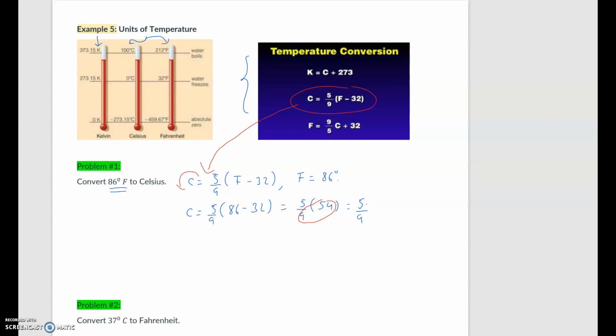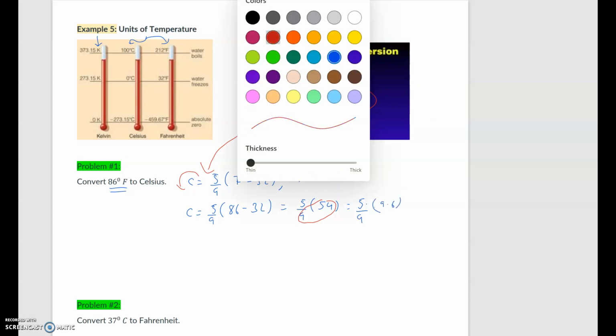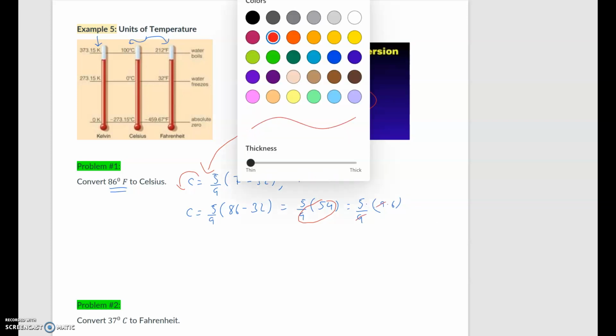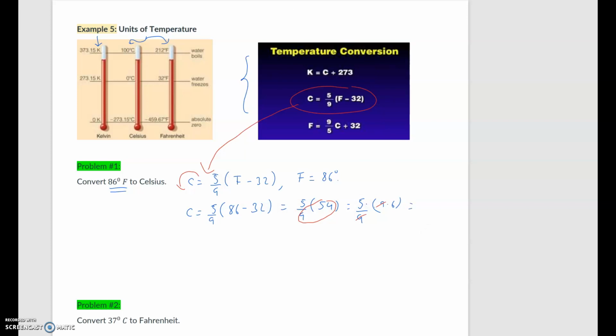So let me just rewrite it as 9 times 6. And then we can cancel the 9s. And then we're going to be left with 5 times 6 or 30. And let me rewrite it as C is equal to 30, and then we'll put it with the proper symbol.